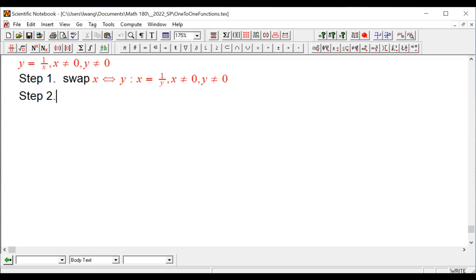Step 2, solve for y. Solving for y from here, what do we get? We get y equals 1 over x, which is flipping both sides. Look at this. The function and its inverse are the same.